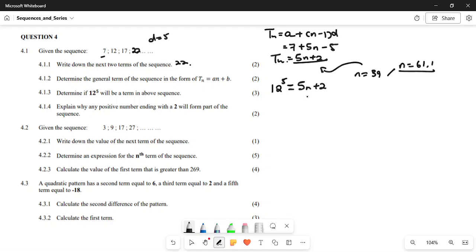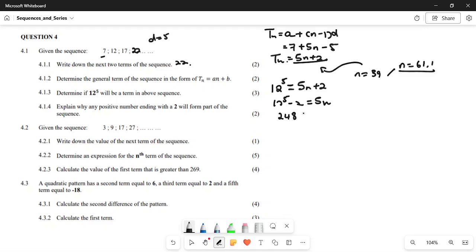We'll transpose: 12 to the power 5 minus 2 is equal to 5n. Let me just write the difference.